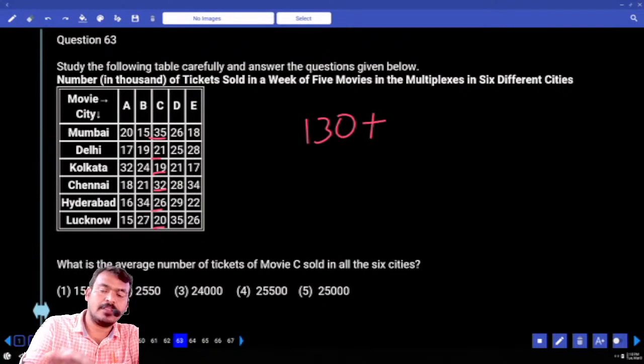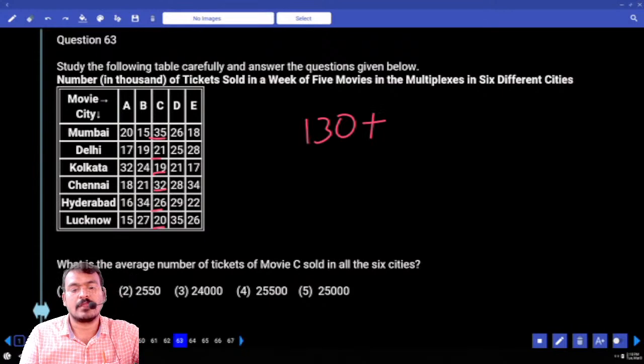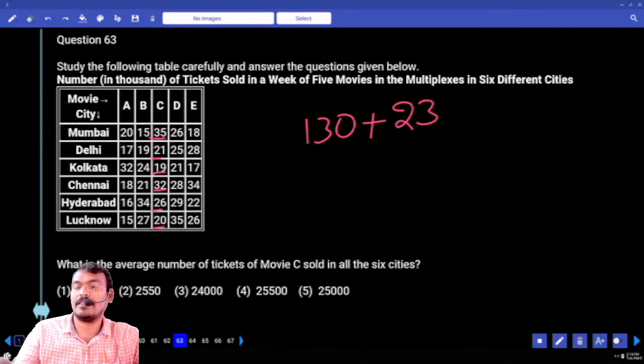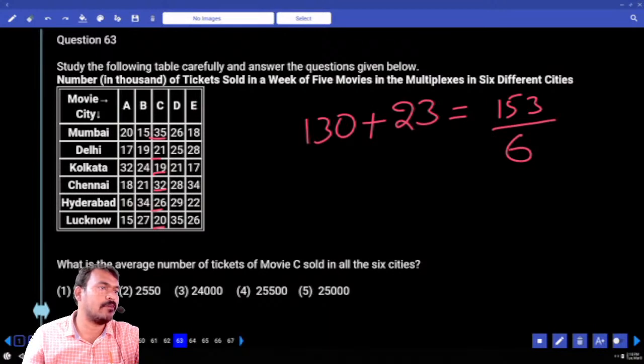Then the units positions: 5 plus 1, 6 plus 9, 15 plus 2, plus 6, 23. 130 plus 23, 153 by 6. We require the average.